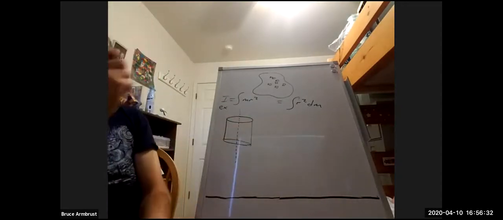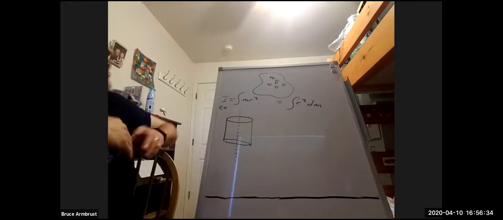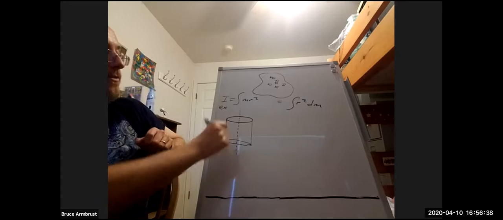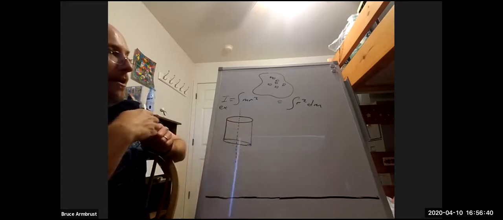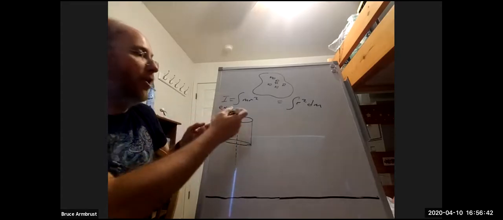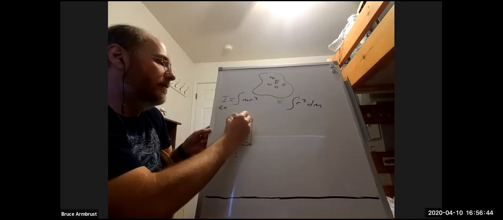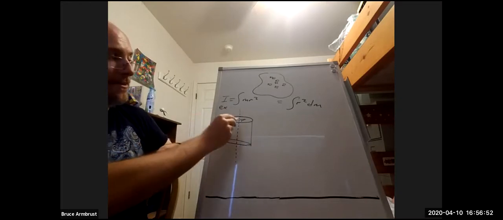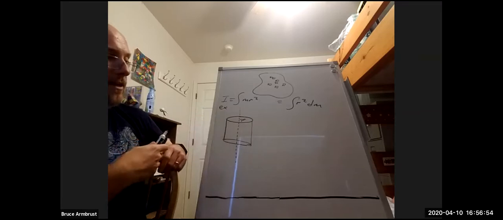So here's the trick. What we want to do is think about all of the pieces that are the same distance away from this axis of rotation. So if I were to specify an r, let's just say I come out here a little bit, r, what are all the points that are a distance little r away from that going to look like?